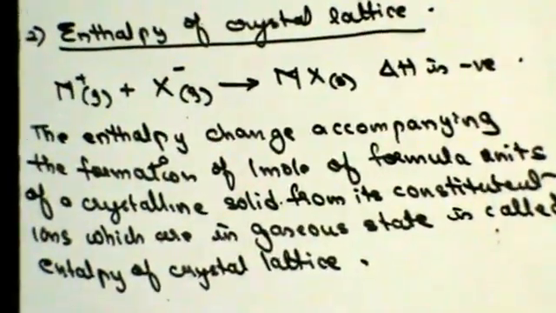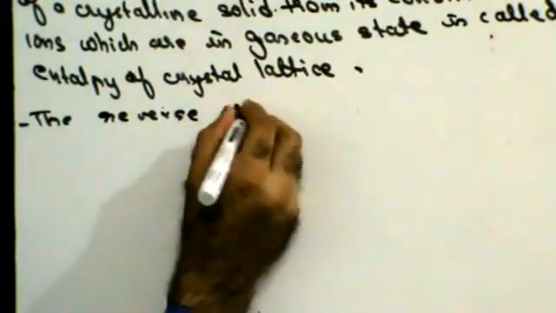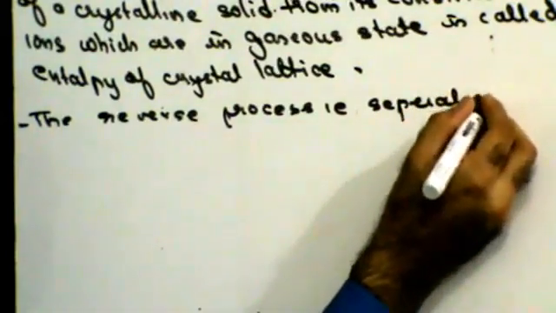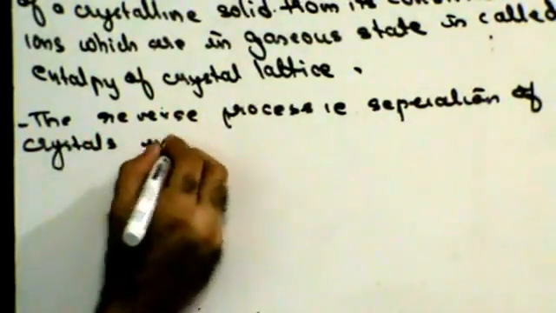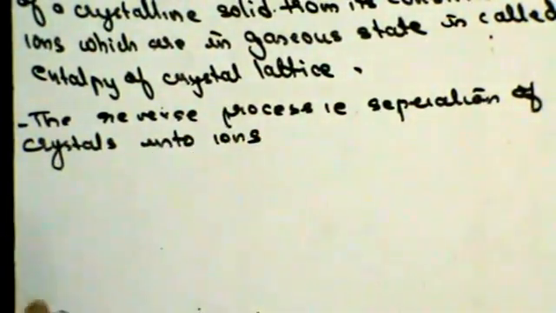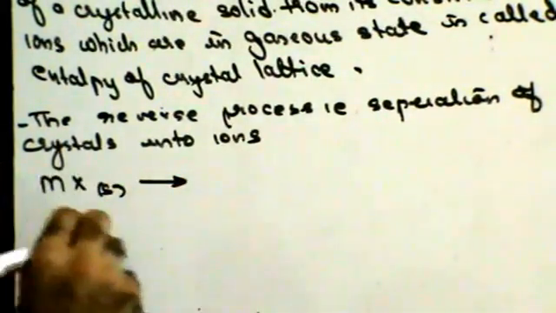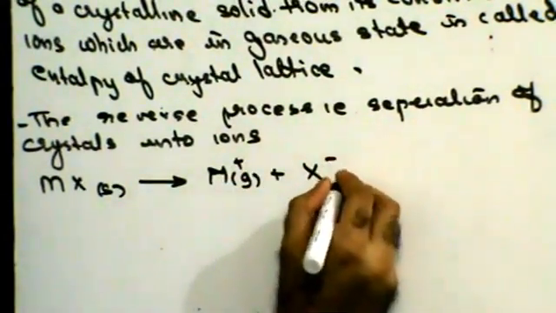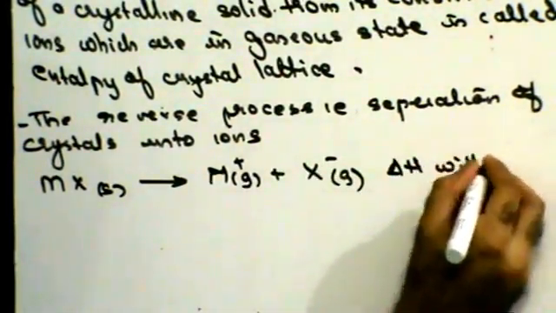The reverse process, that is the separation of crystal into ions, is nothing but I have the crystal which can be then separated into ions to give you M plus gaseous plus X minus gaseous, right? In which case here delta H will be positive.